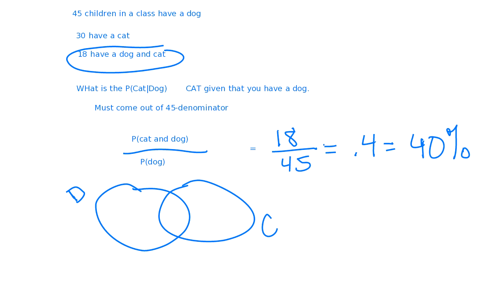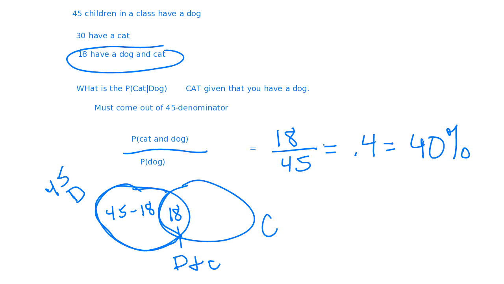Well, this right here is dog and cat, so that's going to be 18. And there's 45 that have dogs, but that's the whole circle. So this half moon on the side has to be 45 minus 18. That would be dog only. So when you add the 18 back in, you get the whole circle.